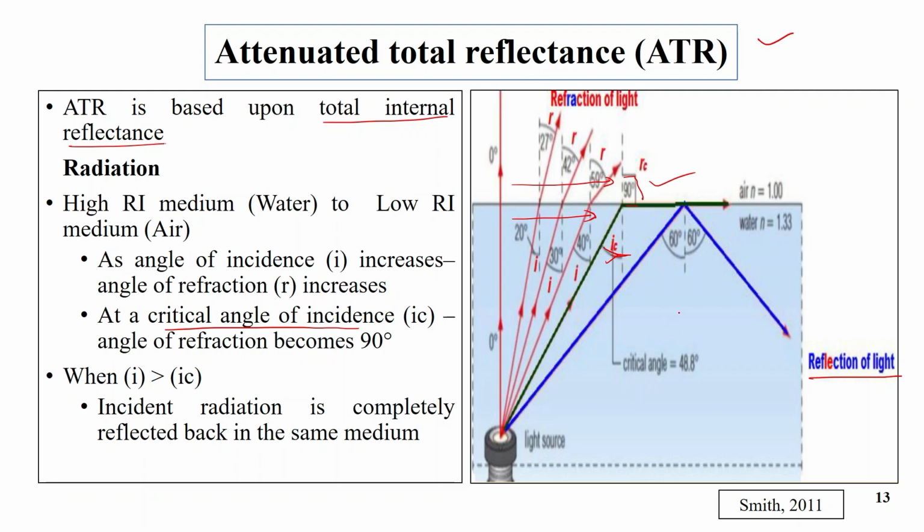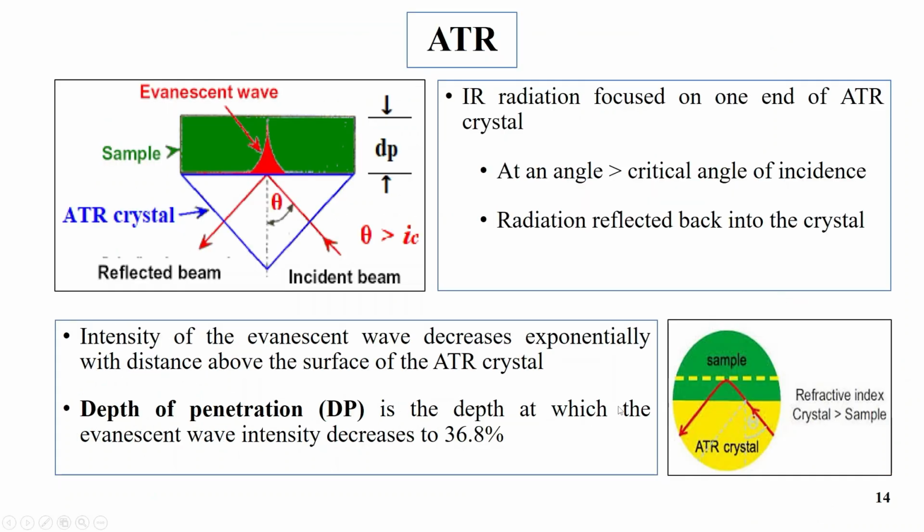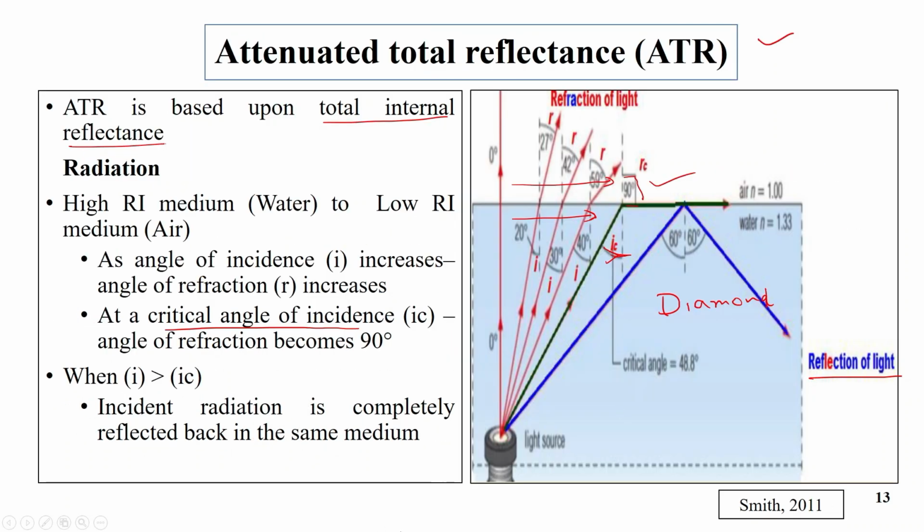In ATR we are making use of a crystal, and most of the time it is diamond, having a high refractive index. This phenomenon is known as total internal reflectance.